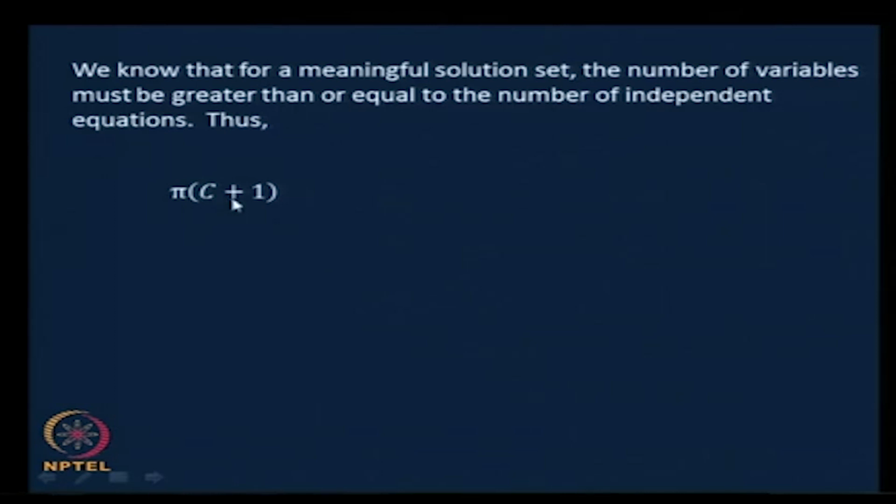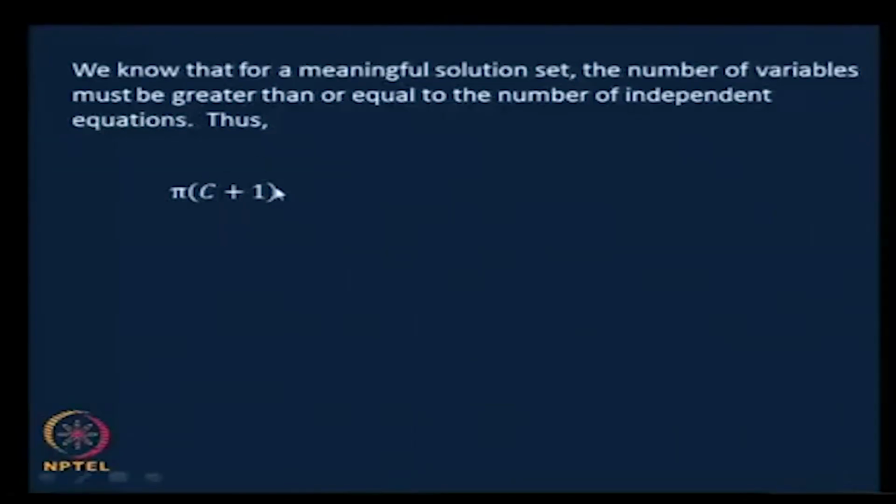And we know from mathematics that if the number of variables equals the number of independent equations in a set, then we have a unique solution, or at least the number of variables must be greater than the number of independent equations connecting them. Only then will we have a possibility of realistic or meaningful solutions.